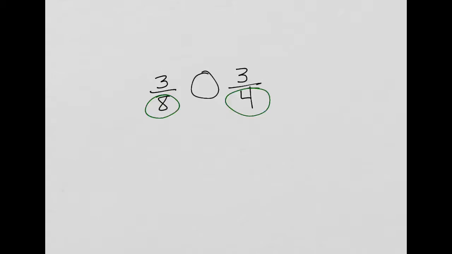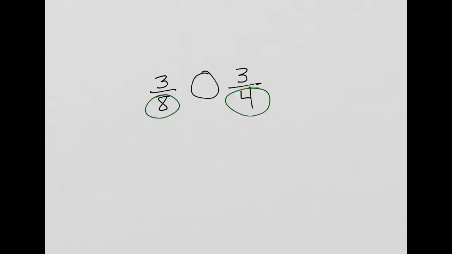So let's say I have 3/8, and I want to compare that to 3/4. Well, let's just take a look at this. How would we do that? Well, let's take a look at these numbers right here. That's how many pieces one whole is divided by.